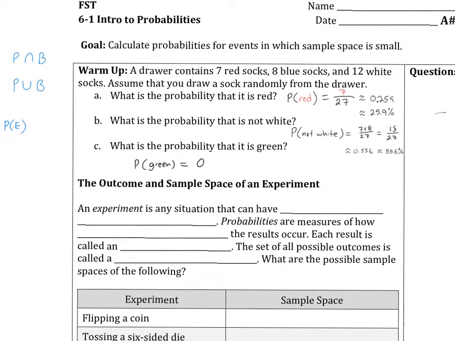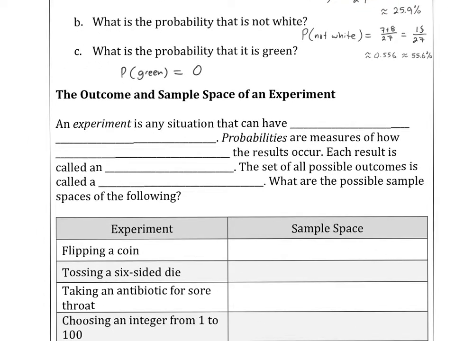All right, so let's walk through some of our general topics and definitions regarding probability. The first part: the outcome and sample space of an experiment. First off, an experiment is any situation that can have multiple outcomes.